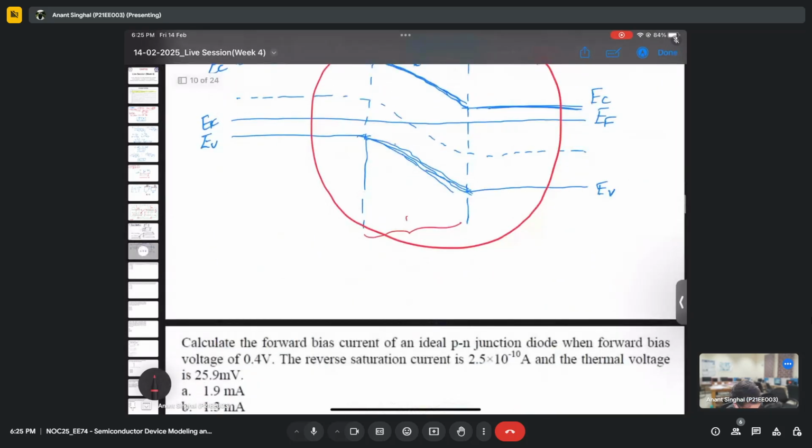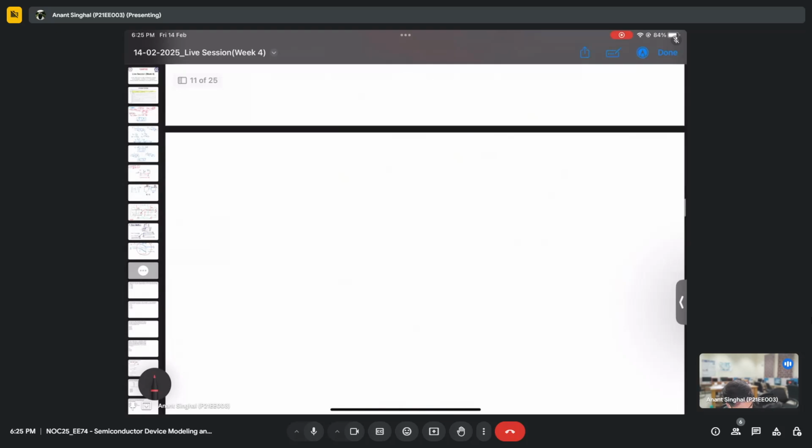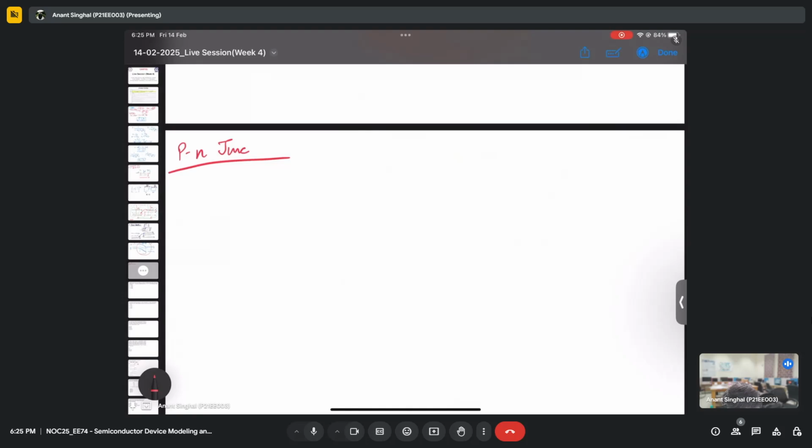If we are clear now, let's go towards the PN junction. Think more of the physics side of that. A PN junction is nothing but a single silicon bar, let's say, which is doped with different types of impurity at each end: P on one side and N on the second side. There are no two bars being joined here.